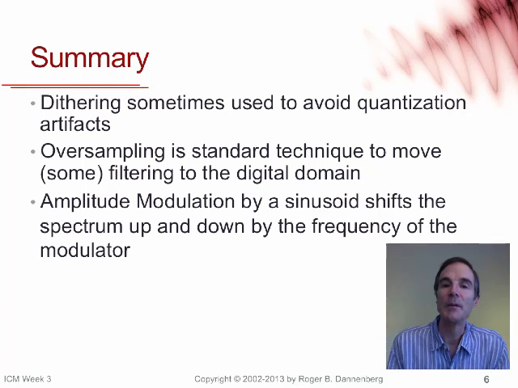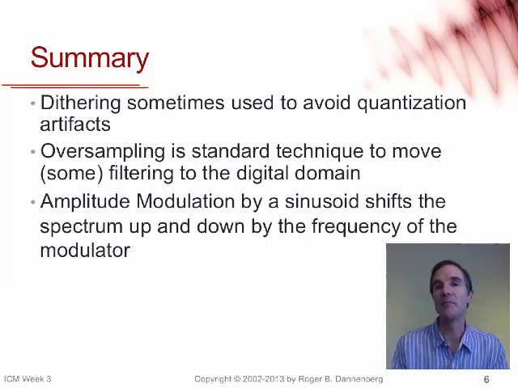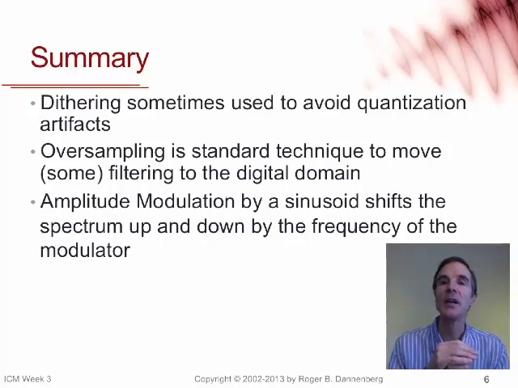When you amplitude modulate by a sinusoid, that shifts the spectrum up and down by the frequency of the modulator. And we also looked at many cases of amplitude modulation by a slow-moving function, both sinusoids that can produce vibrato and just multiplication by envelopes, which can be used to shape the sound.